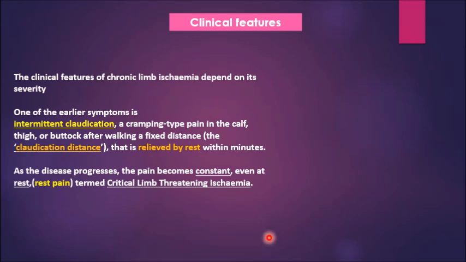Now, what are the clinical features of chronic limb ischemia? The earliest symptom of chronic limb ischemia is intermittent claudication, which is a cramping type of pain in the calf, thigh, or buttocks after walking a fixed distance, which is referred to as the claudication distance.